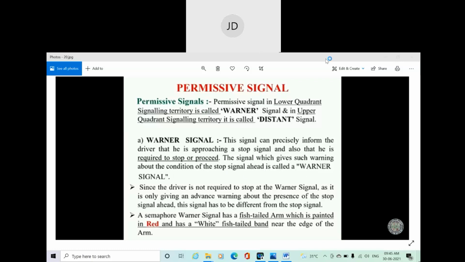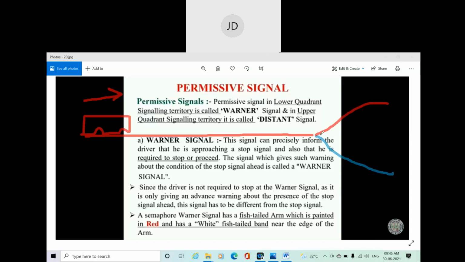Suppose I'm showing you, just to make you understand, this is your railway track, and a particular train is moving in this direction. Now suppose a block section or a station comes, a nearby station.